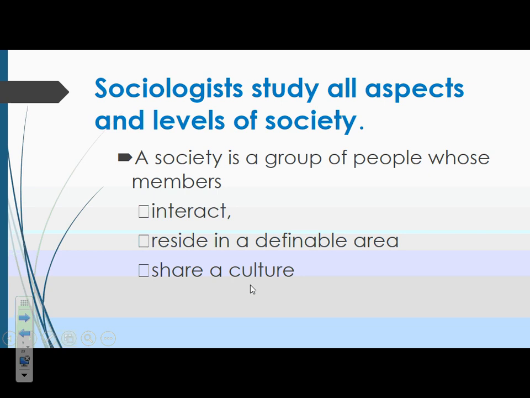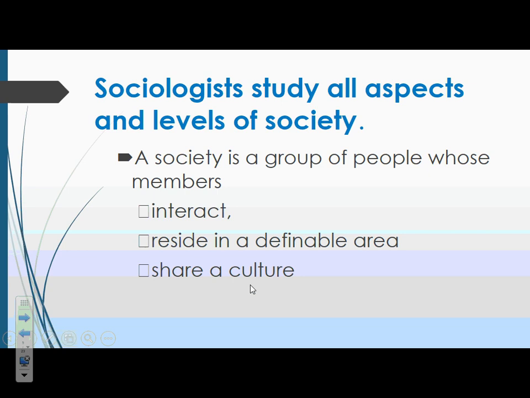I'll give you a hint, it's a D word. Diversity. Thank you. Diversity, right. So societies can be defined in a lot of ways, but these three must exist. We must be able to interact, they must reside in a definable area, and they must share a culture.